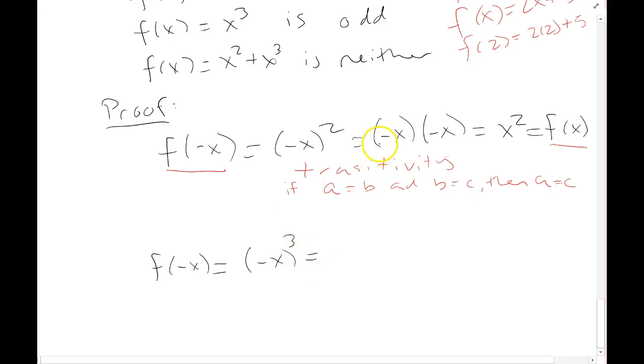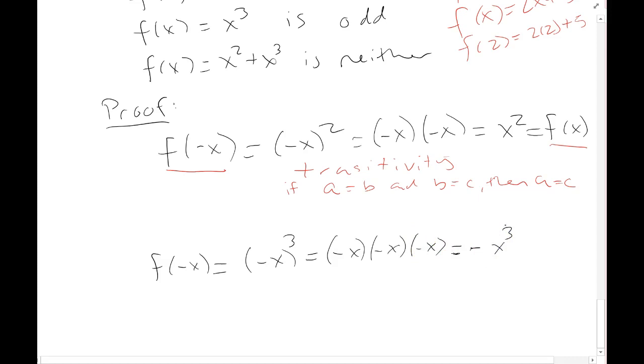And just like 2 squared was 2 times 2, 2 to the third is 2 times 2 times 2. So negative x cubed is going to be negative x times negative x times negative x. And I remember that negative times negative times negative is negative. And x times x times x will be x cubed.